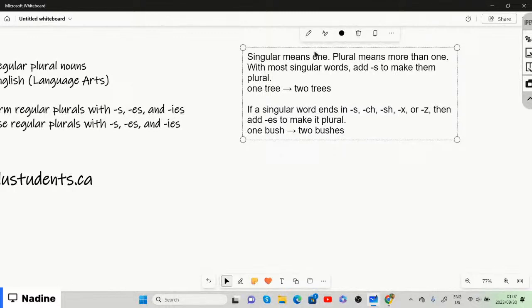Like, for example, one tree. That is singular. One tree is singular, but two trees, where we added the S, is plural.